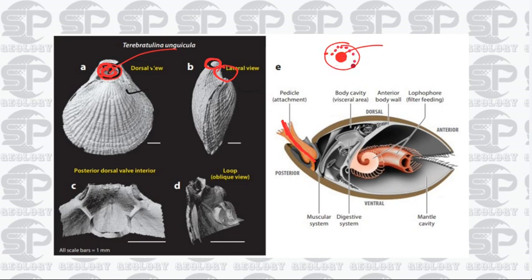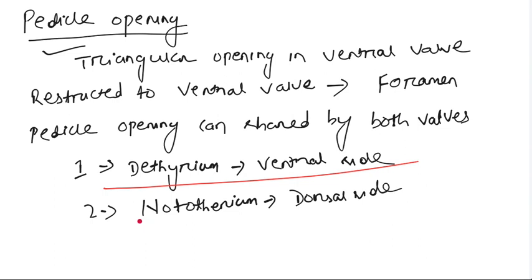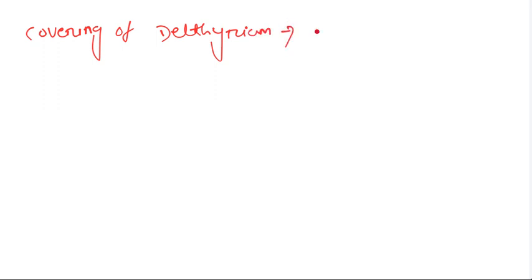So these spaces are filled by a plate secreted on the pedicle wall. The covering of the pedicle opening: if there is a delthyrium in the ventral valve and a notothyrium in the dorsal valve, then the covering of the delthyrium is called the deltidium. Simply put, the covering of the delthyrium is the deltidium.